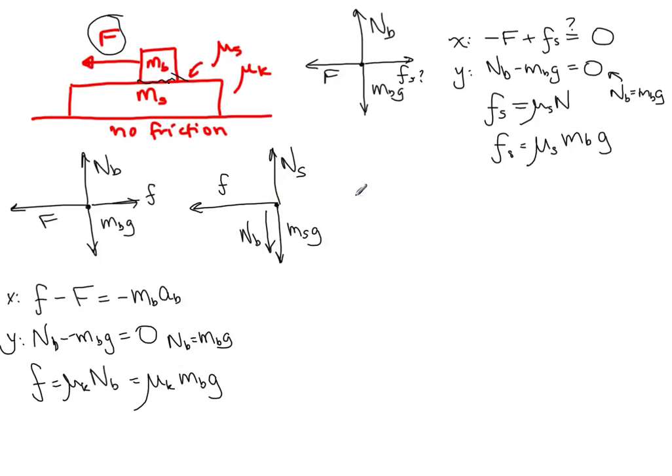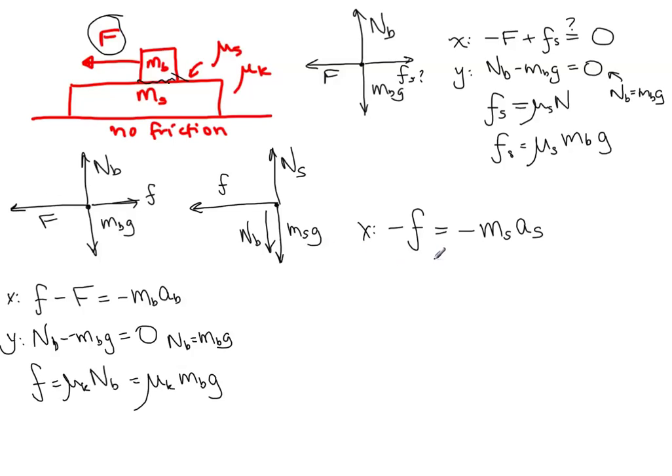Now we're going to look over here. In the x direction for the slab, we have minus the frictional force is equal to, so that's the only thing in the x direction. So that has to be equal to minus mass of the slab times the acceleration of the slab. We know that the slab is accelerating to the left, so we know it's negative, and it has a different acceleration from the block.